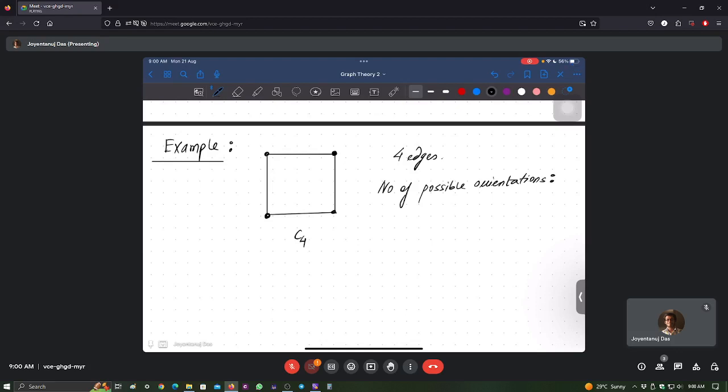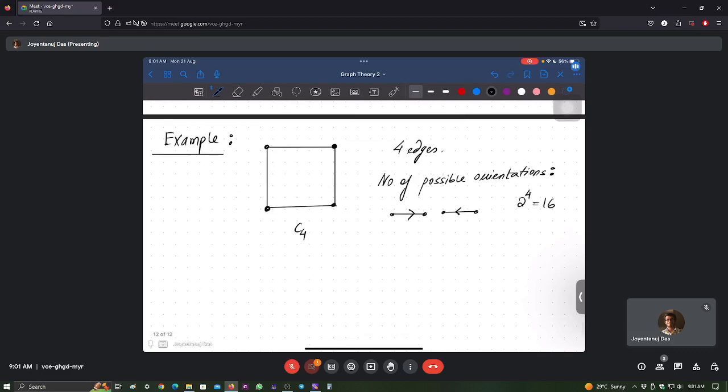For each edge, I can give this direction, or I can give the opposite direction. So each edge has two options, so it is 2 to the power 4, right? There are 16 orientations possible.